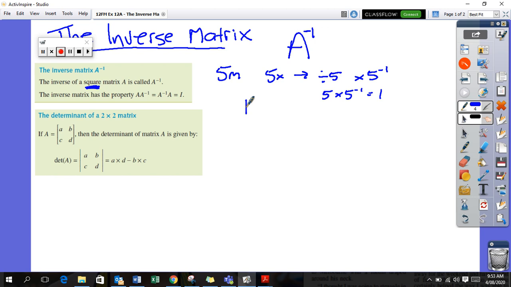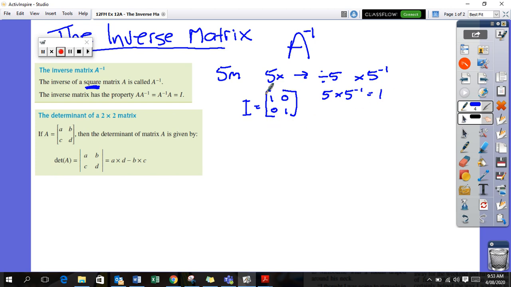So the identity matrix I is the matrix 1, 0, 0, 1. If we go A to the power of -1 times A, so the order is not important, it equals I as well.